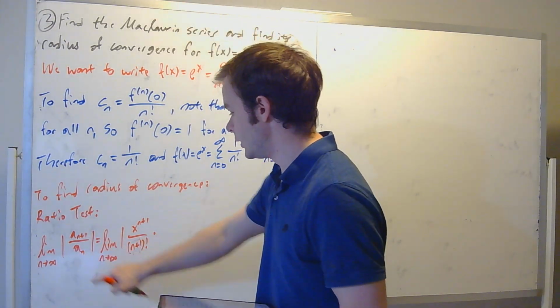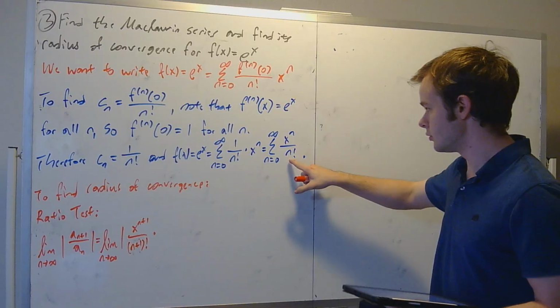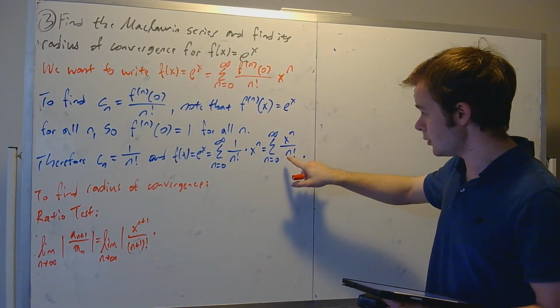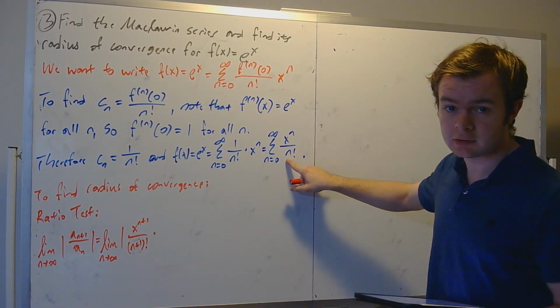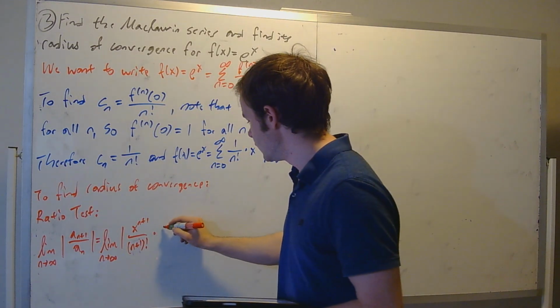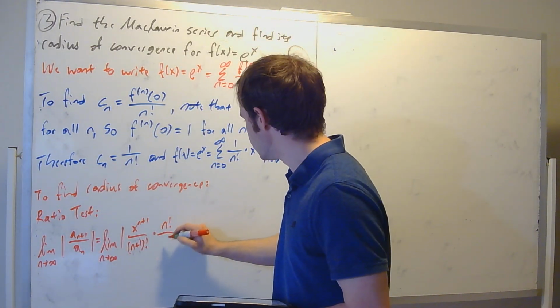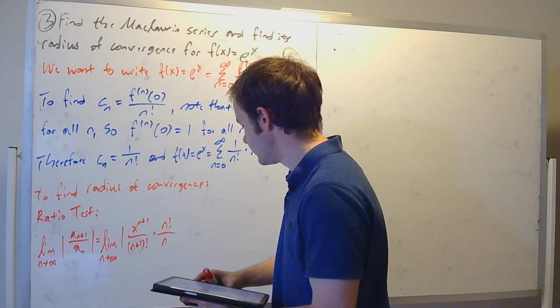And we're dividing by, if you plug in n, this. But if you divide by a fraction, it's the same thing as multiplying by the reciprocal. So we're going to multiply by n factorial over x to the n.